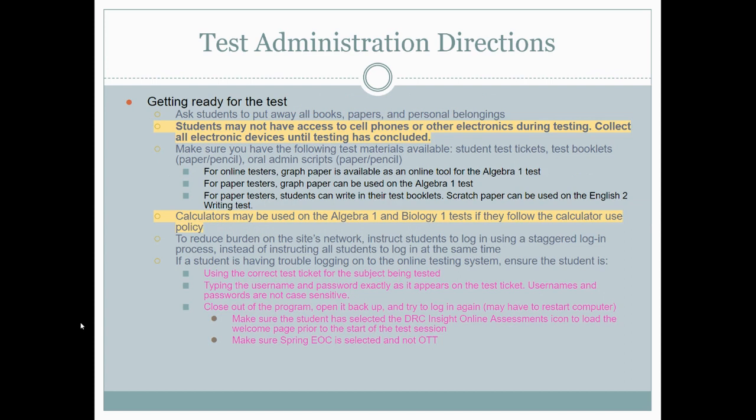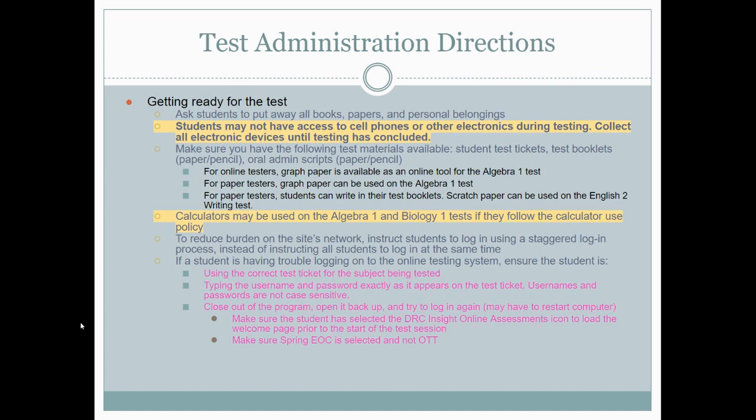Make sure you have the following test materials available. Make sure that you have your student test tickets. If you have a paper pencil tester, you have their test booklets and materials. For online testers, graph paper is available as an online tool for Algebra 1. If they are a paper tester, then you can give them a piece of graph paper.